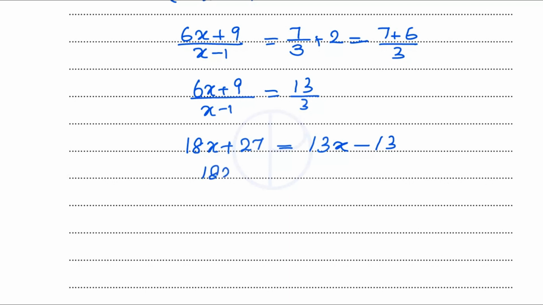So 18x minus 13x equal to minus 27 minus 13, which is equal to minus 40. And here 18x minus 13x is 5x. Now divide both sides by 5. So we get x equal to minus 8.